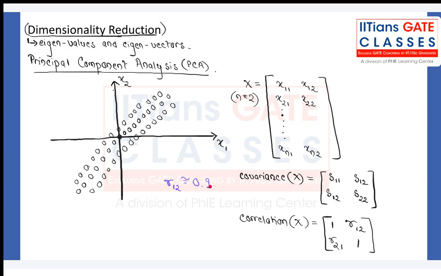And the correlation between 2 and 1 will be, any guesses, actually negative 0.9, because one is reducing and one is increasing. If it doesn't make sense, don't worry about it, just ballpark numbers. Correlation, as you know, has a maximum value of 1 and a minimum value of -1.